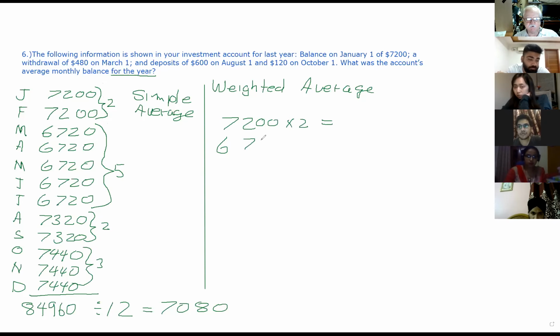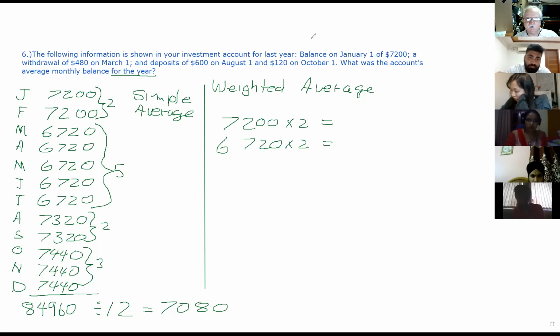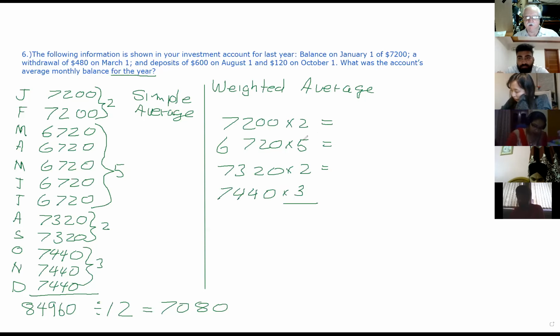And 6,720 times 5. That's the weight, is 5. And 7,320 times 2. And 7,440 times 3. And when we add the weights up, 5, 6, 7, 8, 9, 10, 11, should add up to 12.